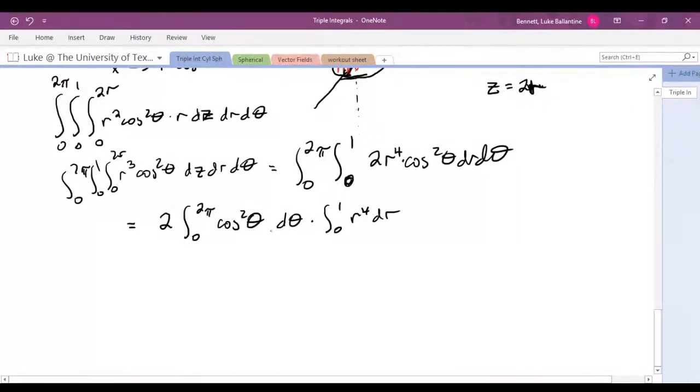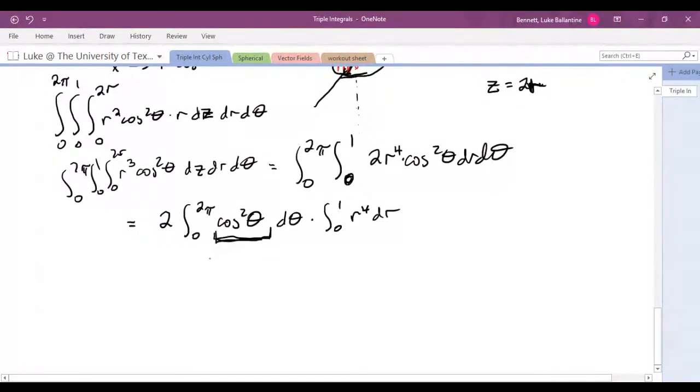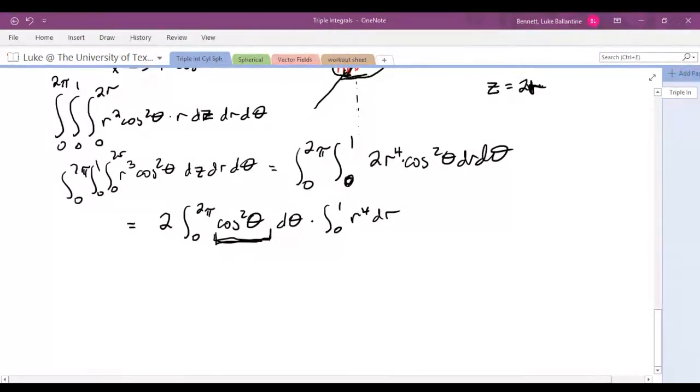To integrate this, what do we have to do? How do we integrate cosine squared theta d theta? What's the argument of cosine, the angle? What does the angle turn into?